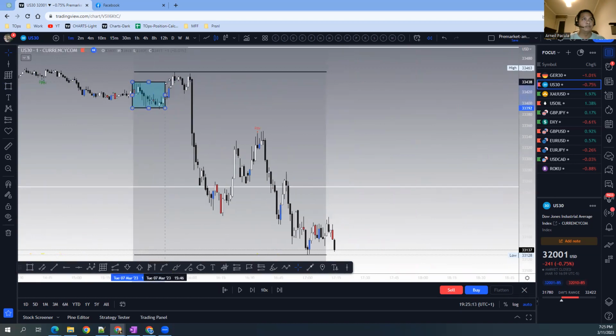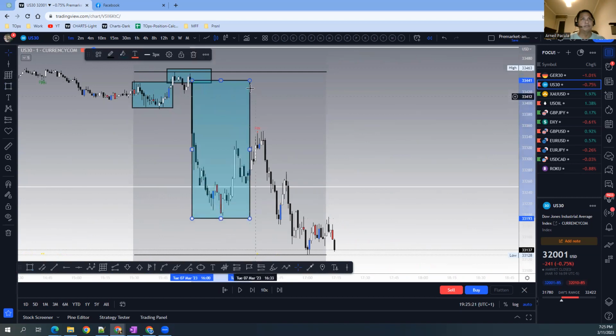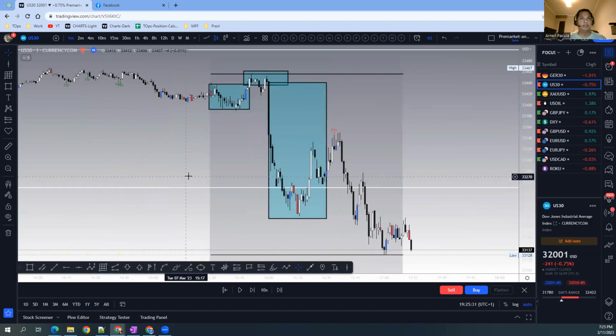This is the accumulation phase, the manipulation phase, and the distribution phase. So all this is really accumulation, manipulation, distribution. So this is how important to learn how to understand the power of three, or accumulation, manipulation, distribution, and trading.